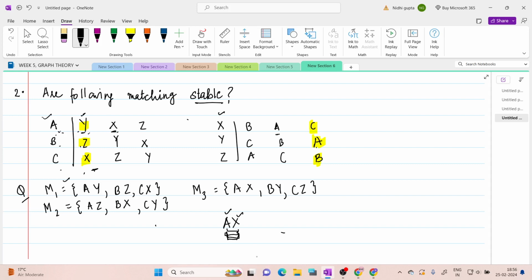X is happy for sure because X prefers A over C, but A does not prefer X over what it has been assigned. So AX is not a blocking pair.